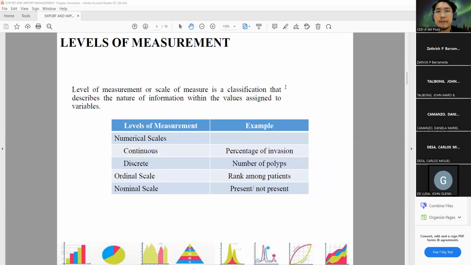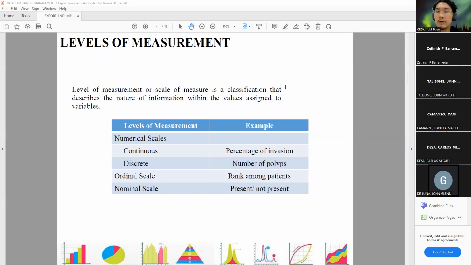Now, we have the levels of measurement. The levels of measurement or scale of measure is a classification that describes the nature of information within the values assigned to variables. We have 3 types of level of measurement: the numerical scale, the ordinal scale, and the nominal scale.